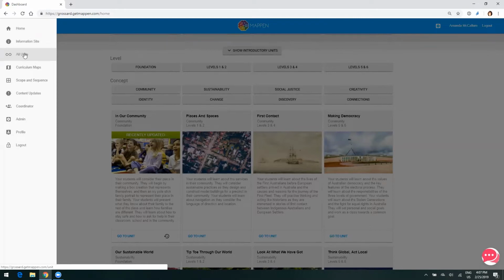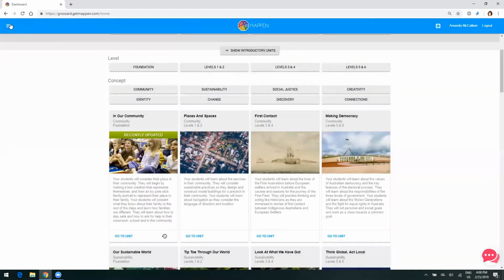If you want to go back to all units because you are currently working in a particular unit, that is where you would go. If you wanted to look at the curriculum maps, that is where you go. I will take you through each of those in some more detail, but I wanted you to be aware, if I'm talking about the main menu, the 3 white bars is what I'm talking about. Over on the right-hand side where you see your name, that is what I'll refer to as your portal.